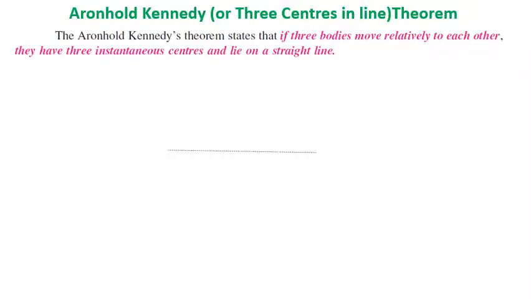In order to prove this, let us consider three links. Link number 1 is fixed, link number 2 is pin jointed to link number 1, and link number 3 is pin jointed to link number 1.